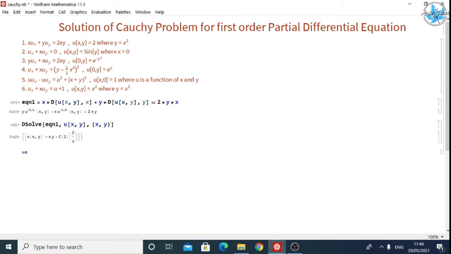Now we will put the initial condition, which is given as u of x comma y equals 2, where y equals x square.